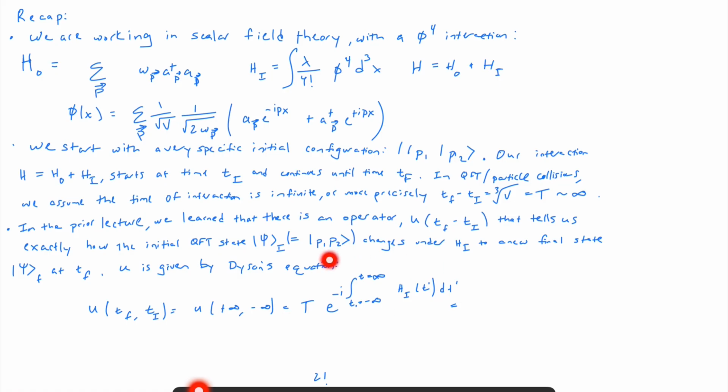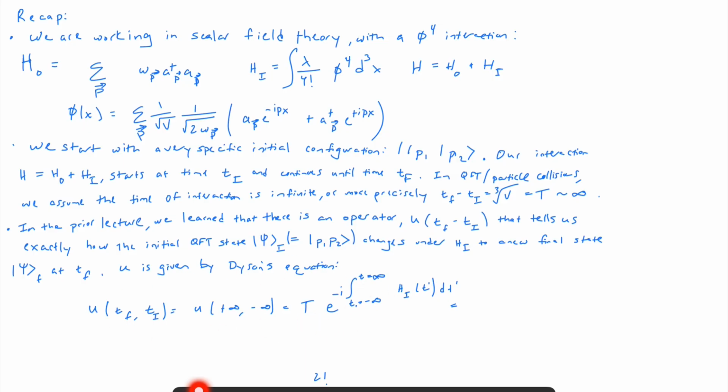This is the formula we came up with before. The only thing I didn't mention right now, which I mentioned before, is that this T here is different than this T here. This is the time-ordering operator. It says that we take this entire expression, and anytime there's a product of operators evaluated at different times, we have to take their time ordering, meaning that we put the earlier time to the right and the later time to the left of the operators, as we explained before.